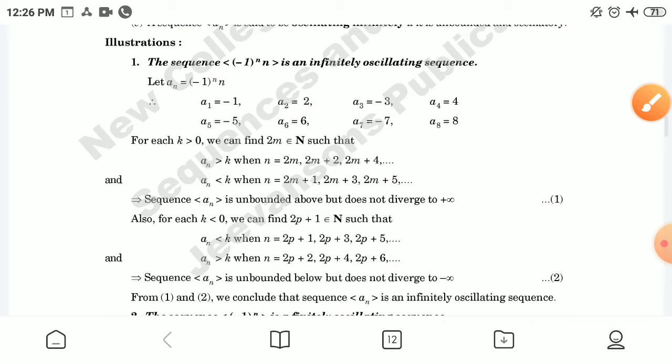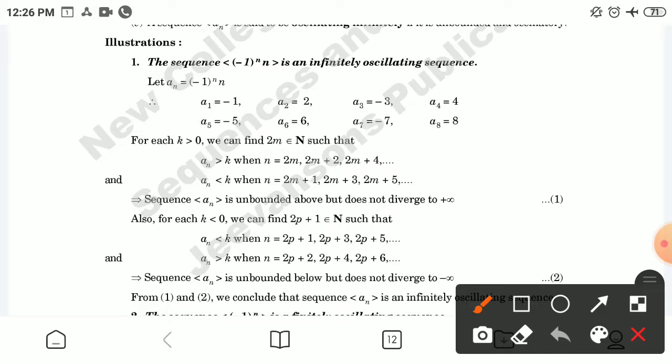Making illustration of these definitions, the sequence minus 1 raised to power n into n is an infinitely oscillatory sequence. Therefore, first term is minus 1, second term is 2, third is minus 3, fourth is 4, fifth is minus 5, sixth is 6, seventh is minus 7, eighth is 8 and so on.